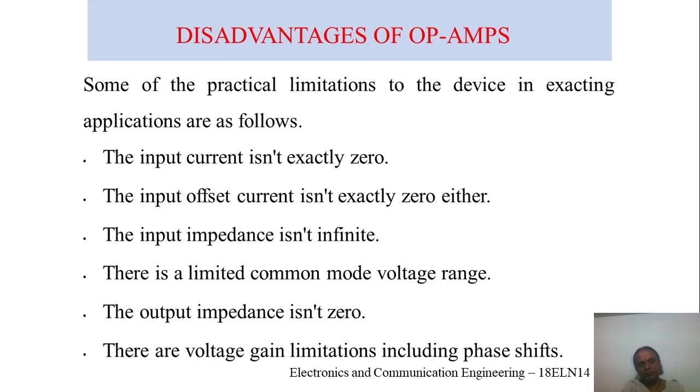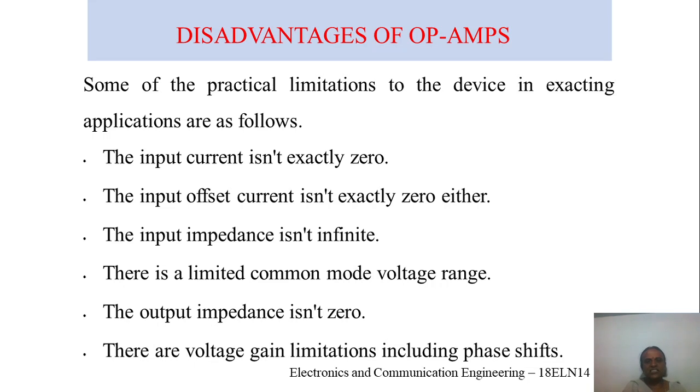See, though the op-amp is used widely in practical or real-time applications, and there are many applications based on the op-amp, say for example, as I told you, some inverter. In the introduction and overview of the syllabus I just told you, there are some limitations to the device.